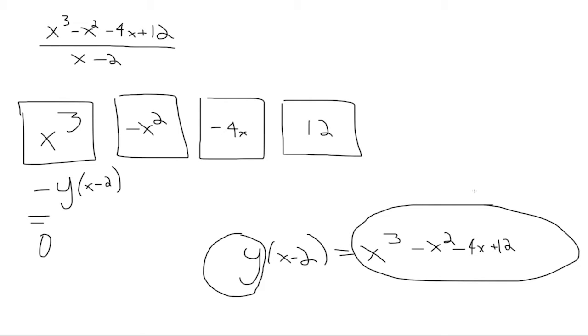That's basically division, finding out how many x minus 2's fit into this polynomial. So whatever we have to multiply by x minus 2 to equal this polynomial is how many x minus 2's fit into it. If we find out what y is, then we can just use y as our answer.